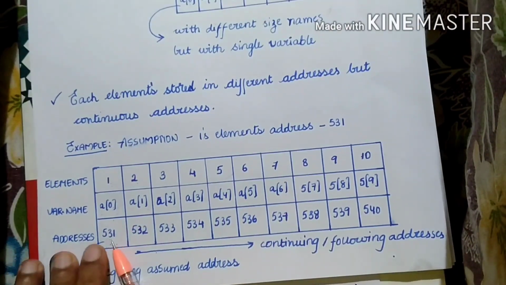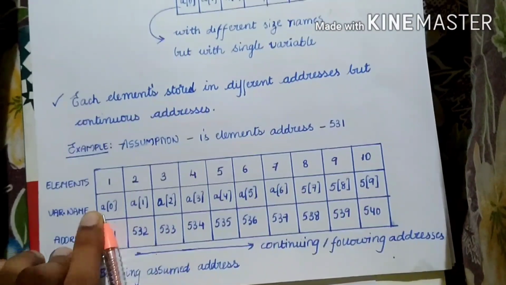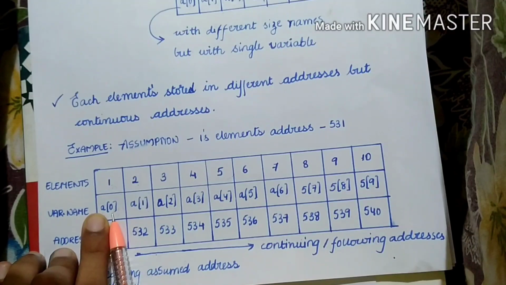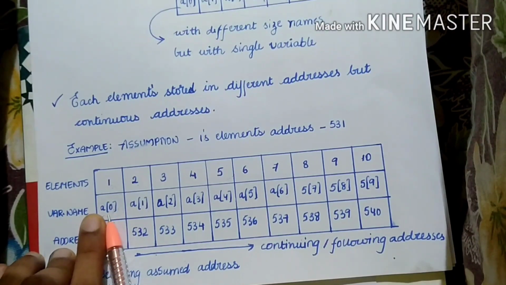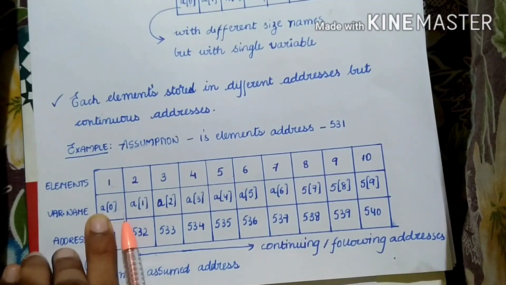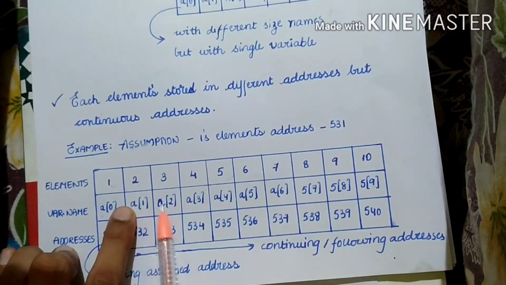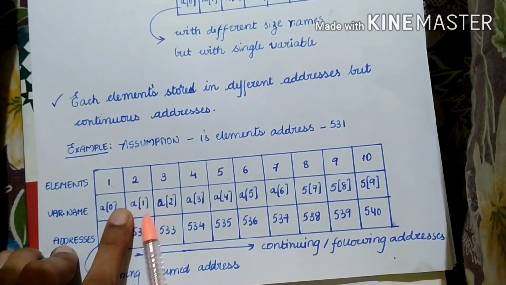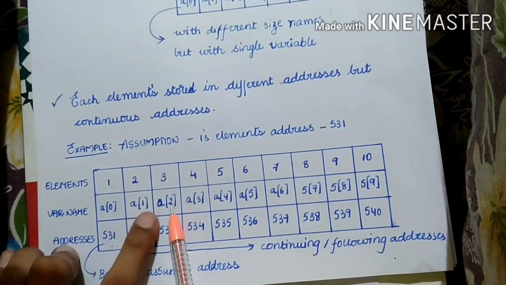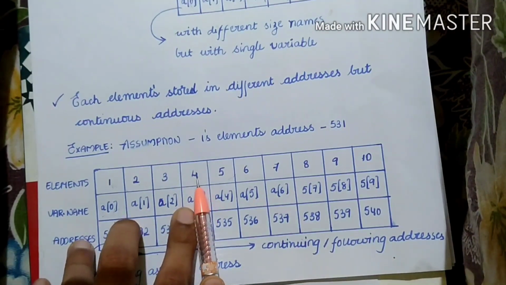At this 531 address we have the main variable a, and in that main variable we have another variable a[0], and a[0] will contain 1, and then this internal index increases with the same main variable, and a[1] will hold 2, a[2] will have 3, a[3] will have 4.